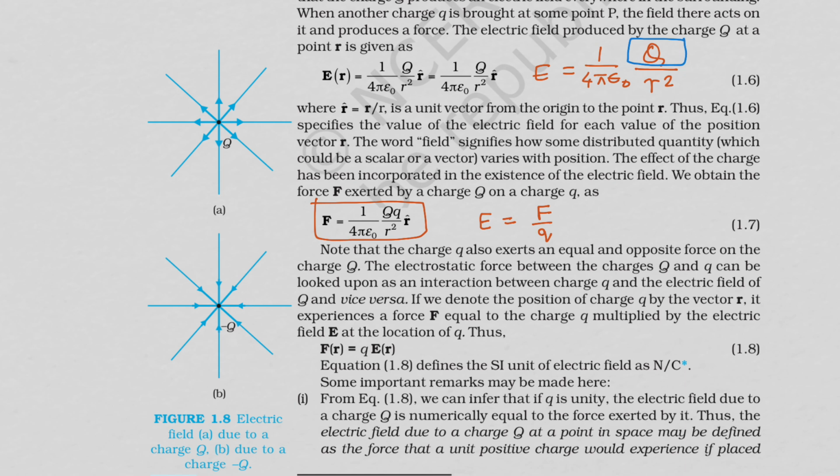These are vectors. Just for your understanding, I have removed the vector sign for now. Or from here we can imply that force is actually small q, that is the charge, multiplied by the electric field.